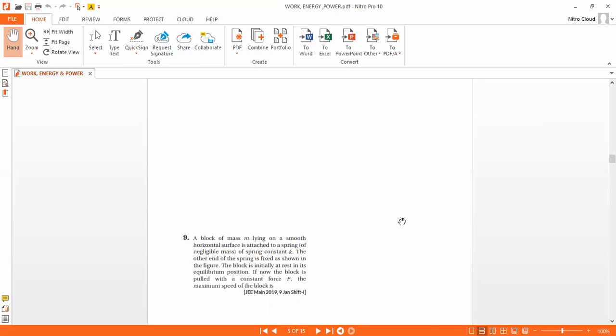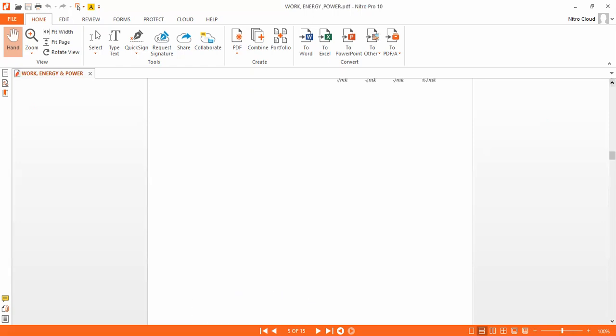The other end of the spring is fixed as shown in the diagram. The block is initially at rest. If now the block is pulled by a constant force, we need to find the maximum speed.